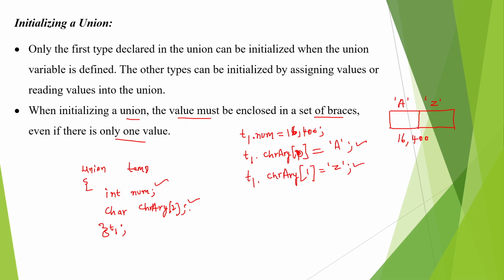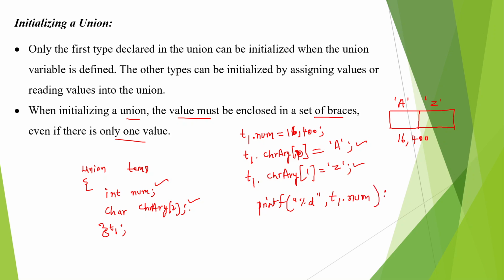The recent initialization will override the older initializations. So the num value now got overridden with these two initializations. So if I printf "%d", t1.num, will I get that 16,400?